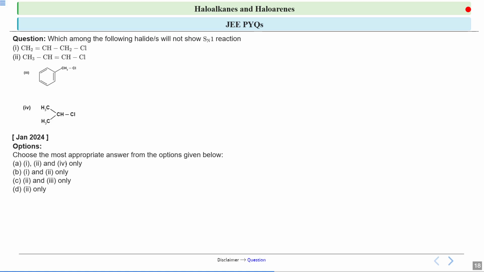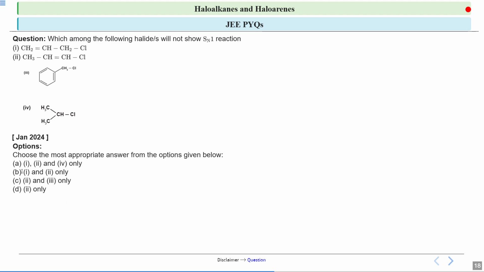You have to choose the most appropriate answer from the options given below. You have to choose, among the given halides, or you can say alkyl halides, haloalkenes or benzylic halides, which one will not show SN1 reaction.